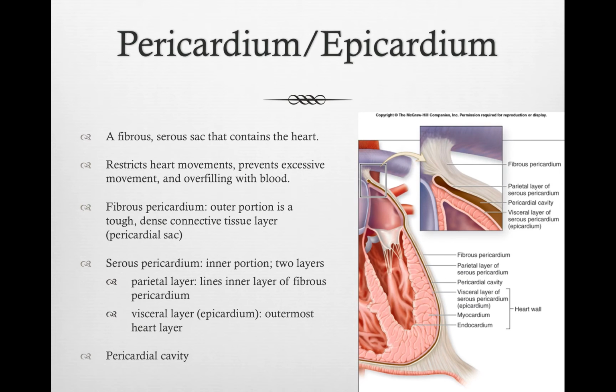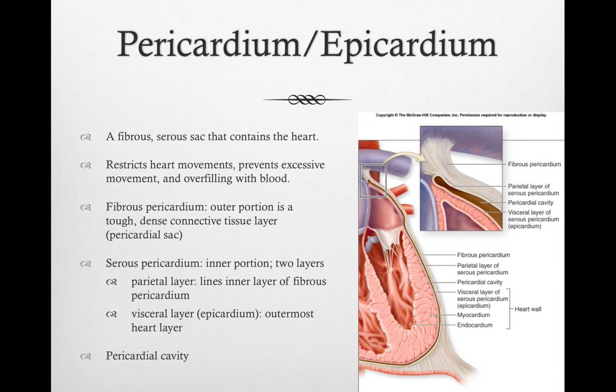But the downside to it is that you've got all this complicated tissue around it, and you have a space between the actual heart and the sac. And the space is called the pericardial cavity. And that pericardial cavity can occasionally fill with too much fluid. It's generally going to have some serous fluid produced inside of it to make sure there's no friction between the heart and the actual sac.